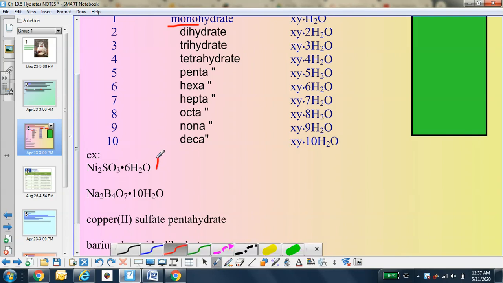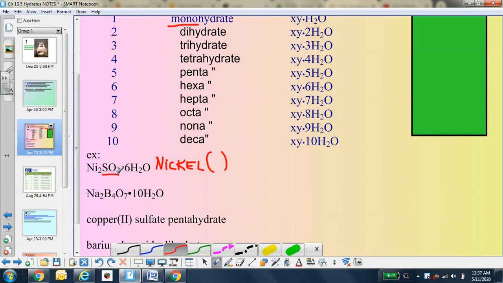Now, if you check your list, nickel gets a Roman numeral. Nickel is one of those D block elements, so you always have to check your list to make sure whether it gets a Roman numeral or not. We don't know what the Roman numeral is going to be until we take a look at our anion and what the charge on our single anion is.